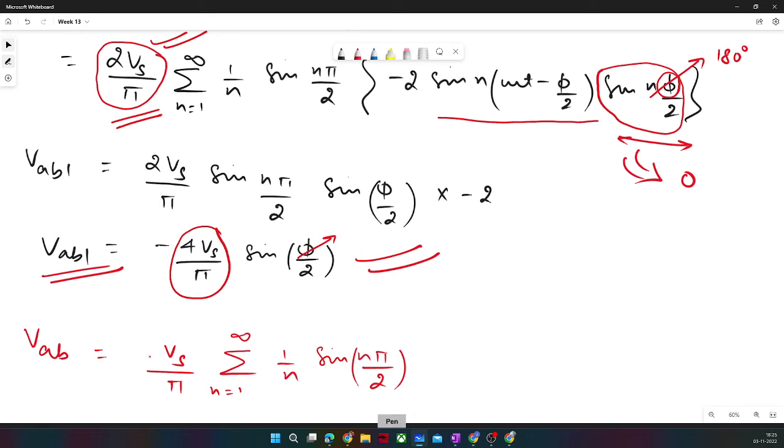So minus 4 Vs by pi, sine n pi by 2, sine n omega t minus pi by 2.